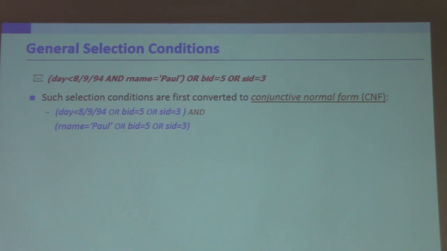You can prove that any logical expression can be converted into conjunctive normal form or disjunctive normal form. Disjunctive normal form is the opposite, right? All these terms are ORed together, and within each one you only have AND. So here we are using conjunctive normal form rather than DNF, disjunctive normal form. Follow me?